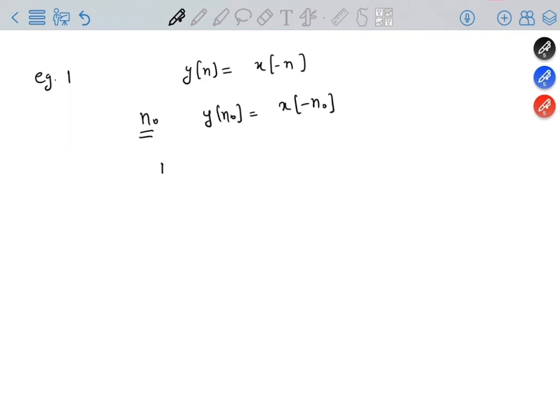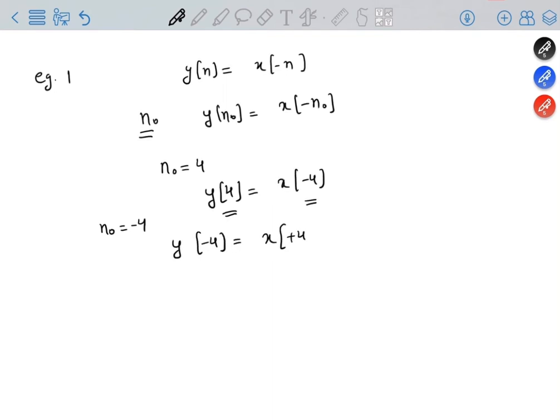Suppose we have taken a value of n naught as 4. So what will y[4] be? It will be equal to x[minus 4], and we can say that the present value is depending on a past value because minus 4 is less than 4. But if you take a value of minus 4, so now we are taking n naught as minus 4, then y[minus 4] will be equal to x[plus 4].